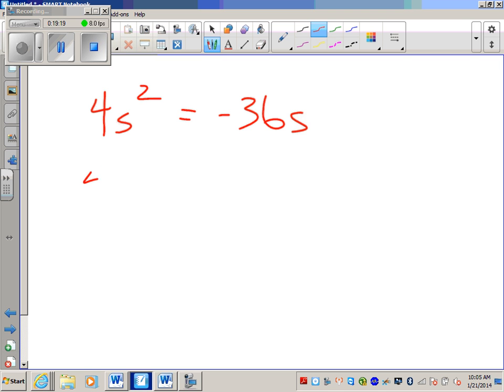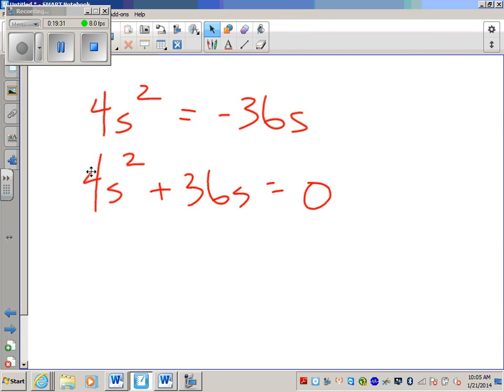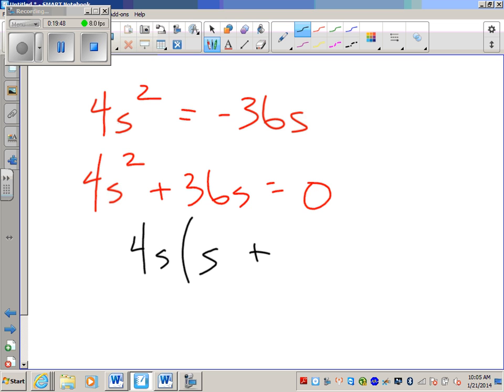All right, let's set it up. How am I going to get this negative 36s to the other side? Add it. So I should have equals 0. Then, first thing I always look for, GCF. Between a 4s squared and a 36s, it's what? So then, s plus 9 equals 0.